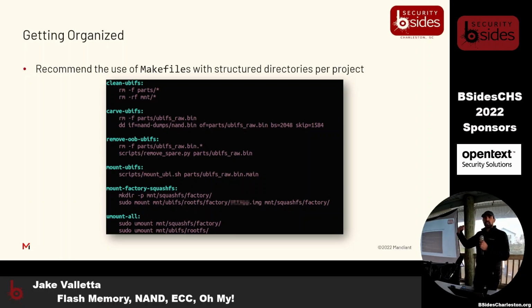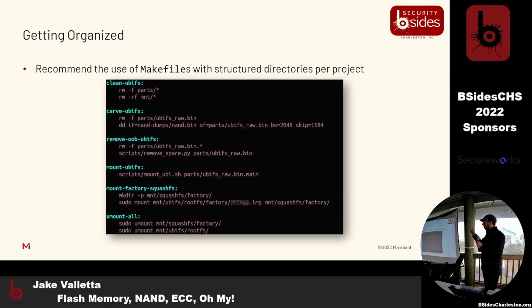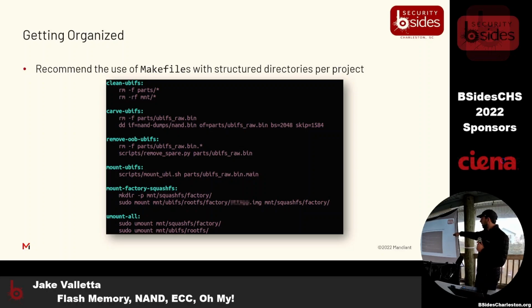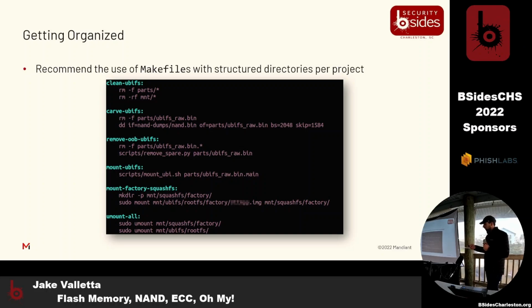And you can kind of chain these together. So you say like, mount, just carve, whatever, and then put that like in a README so you don't forget. I always forget this stuff, and then I'm digging through my bash history. But I like to name things very detailed, so I'll have ubifs_raw.bin.main. So it's clear to me that I'm working on just the main data versus out of band. I'm not saying you guys have to do this, but I do find it to be useful.